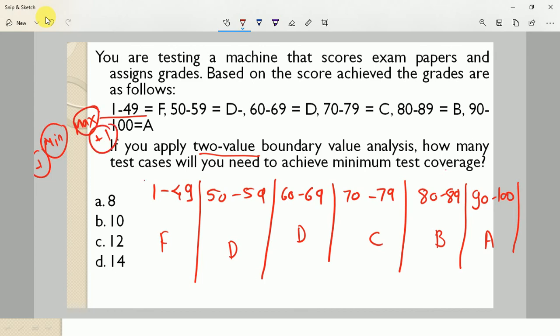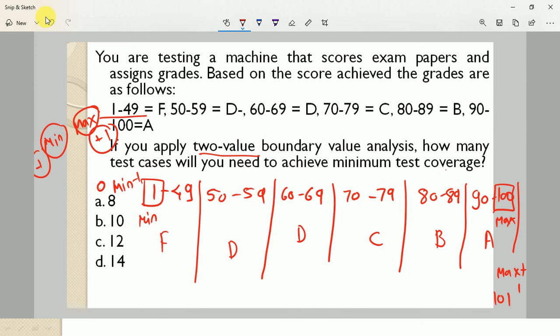Now consider this is a min, and this is a max range. So you need to consider one more test case, which will be max +1, that means 101, and min -1. So min -1, that is 0. So if you consider two value, then how many test cases do you require?